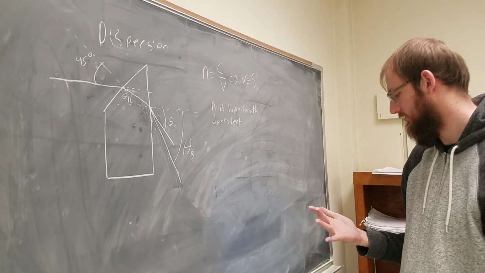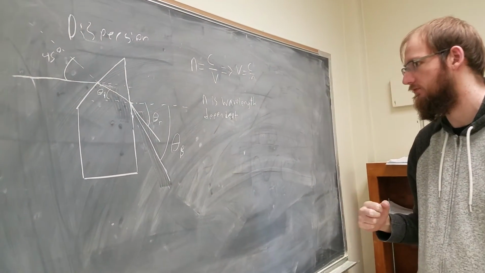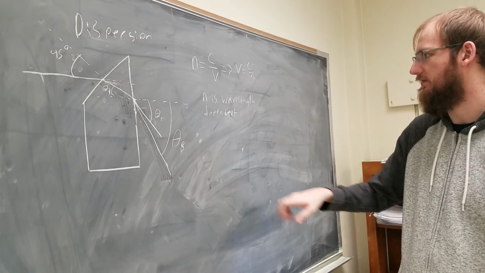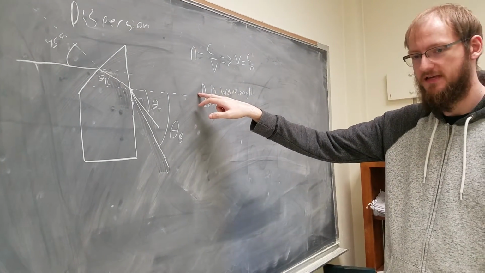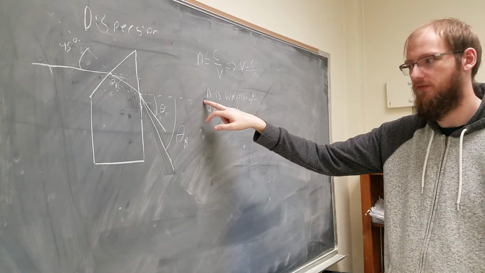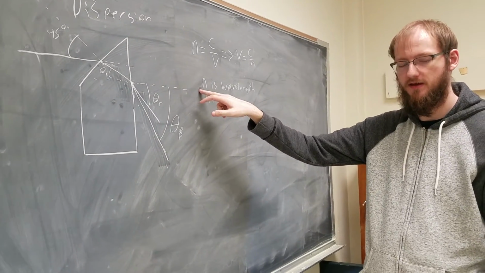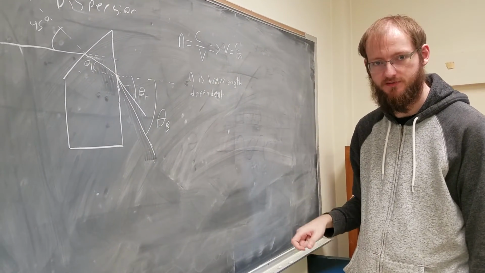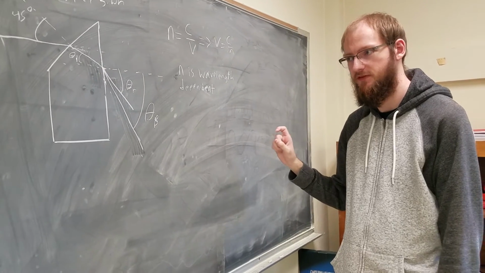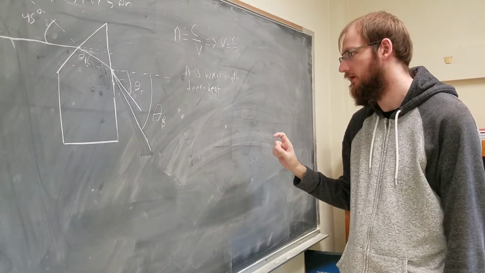And what dispersion is concerned with is recognizing the fact that the index of refraction is wavelength dependent. So different colors of light interact with different materials slightly differently, or slightly more strongly or weakly.